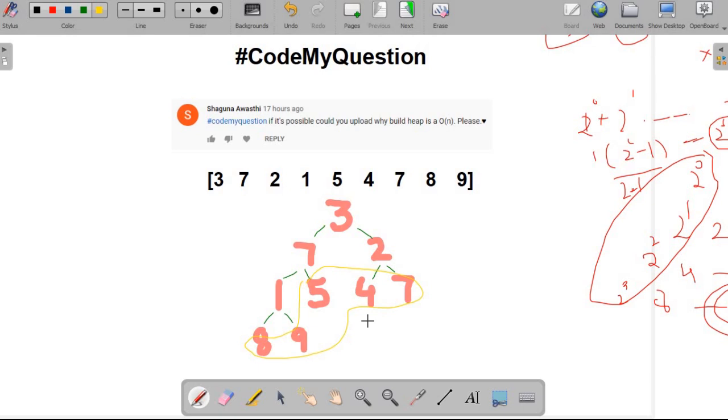Let's assume I'll be building a min heap. So we'll assume that these are already correct. Now we are going to check the internal nodes, and we are going to simply perform the down heapify method on these nodes.